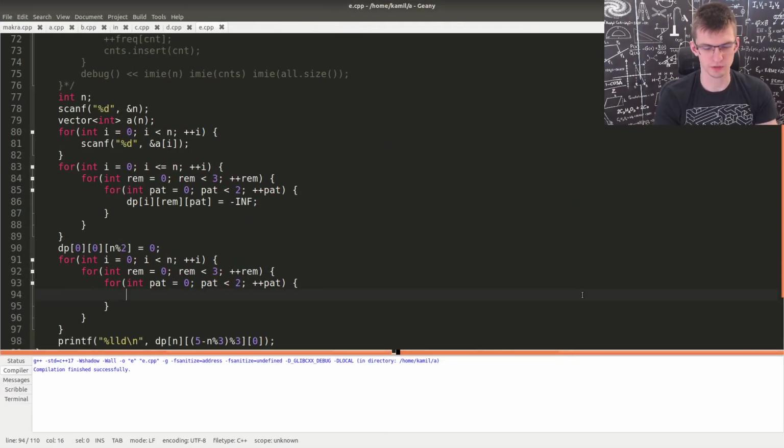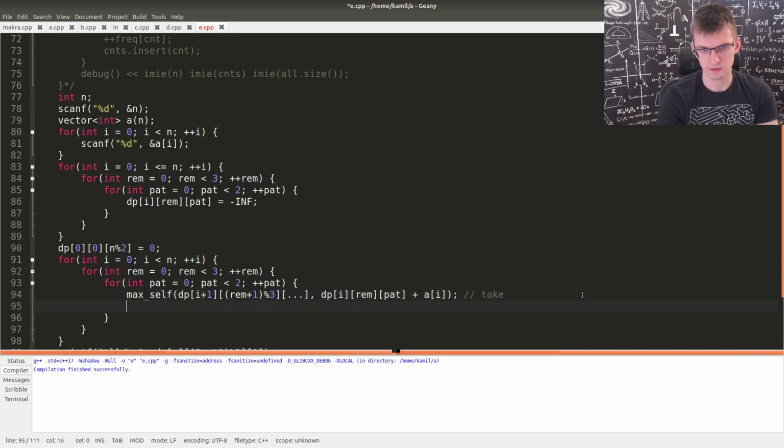Consider taking this number or not taking this number. Let's say first taking this number. And now this is something dp of I rem pattern plus a of I. This is take. This is not take. I mean take with minus. This is plus minus.